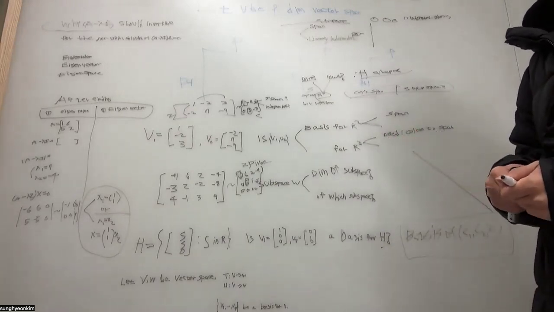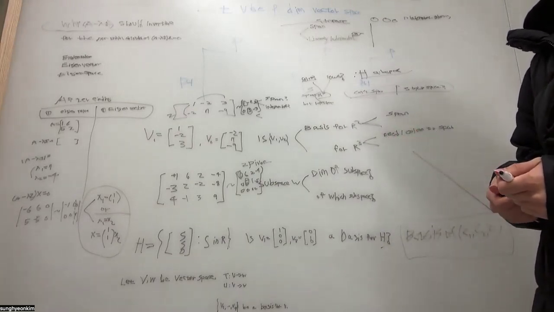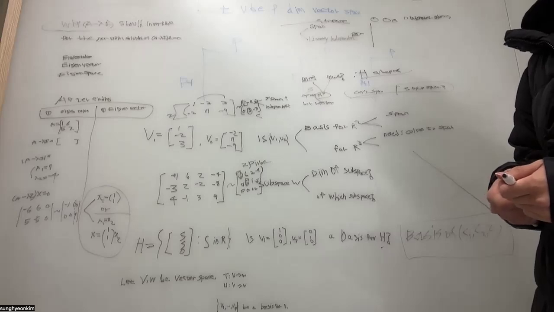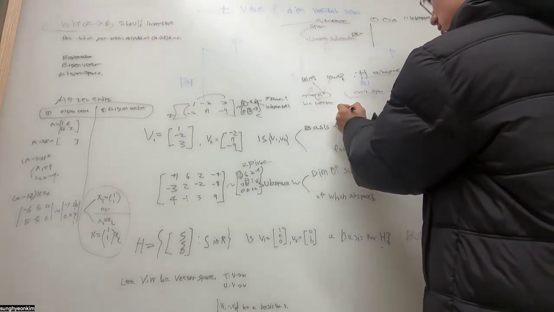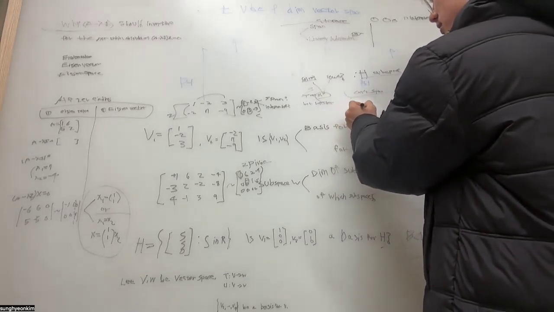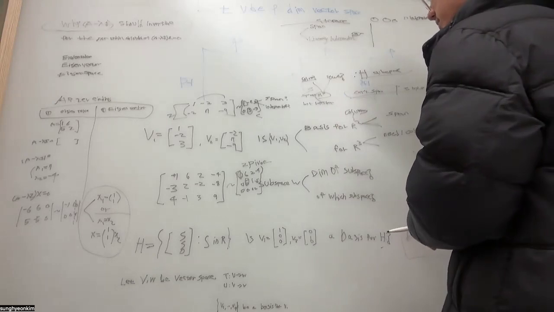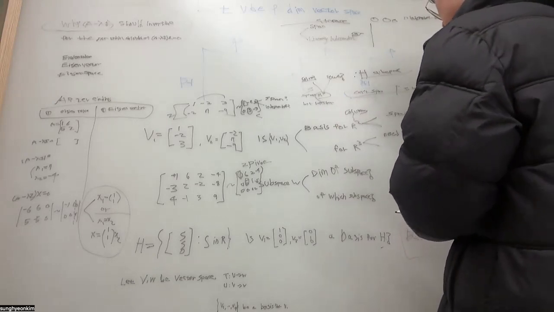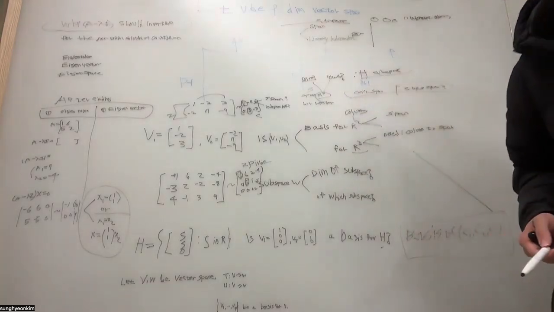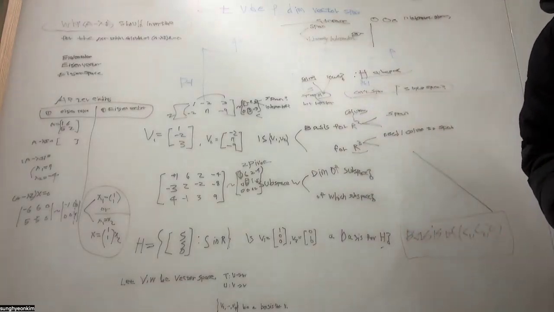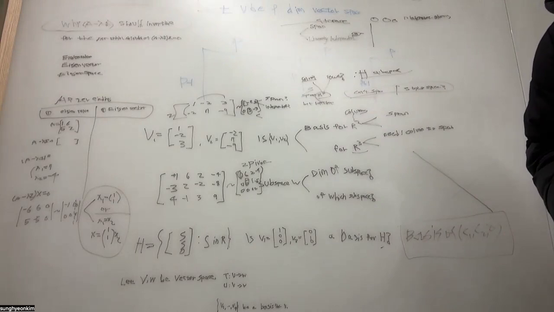We should check that we have two columns which are independent, and a basis for R3. We don't have enough independent columns, so we can't span R3, but we can span R2.